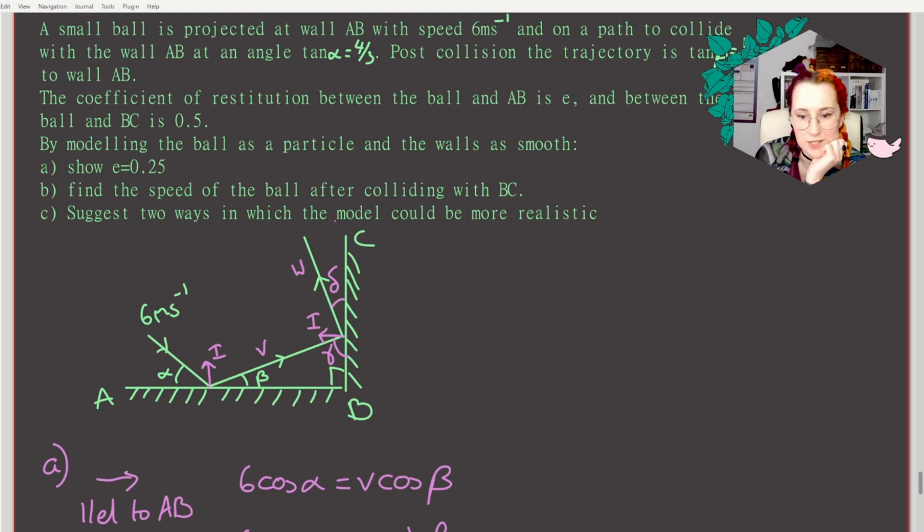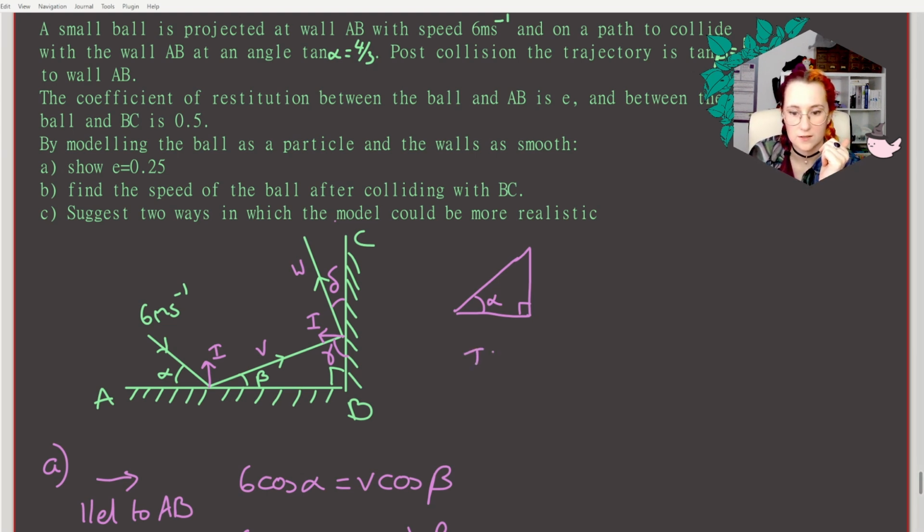So we have that tan of alpha is 4/3. Going back to my trig functions, tan is opposite over adjacent, so TOA, so 4/3. If I have a right angle triangle where the side lengths are 3 and 4, I know for a fact that the hypotenuse is going to be 5.